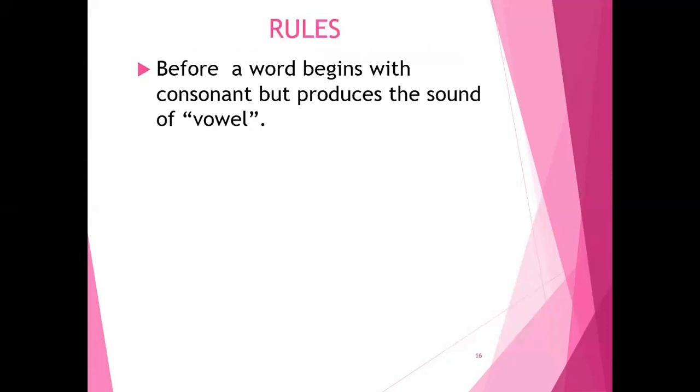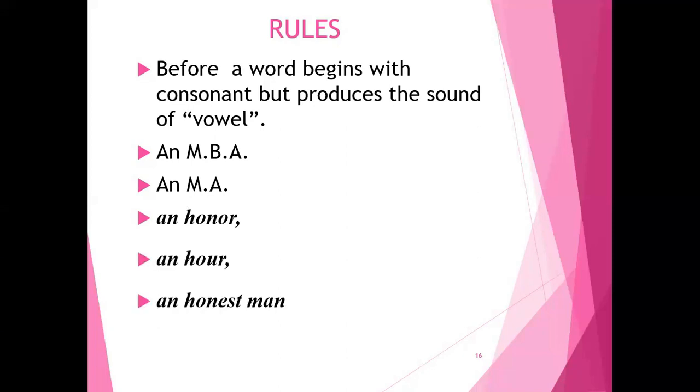Before a word beginning with a consonant but producing the sound of a vowel: an MBA, an MA. Though M is a consonant letter, it is producing a vowel sound initially, so that's why we use an. In honor and hour, H is not producing its sound.